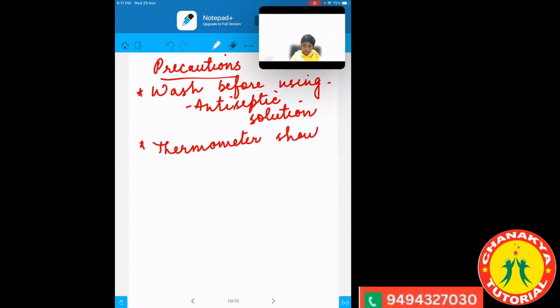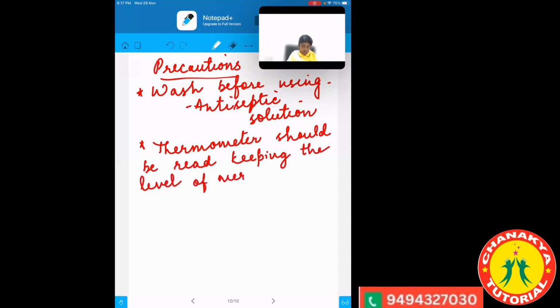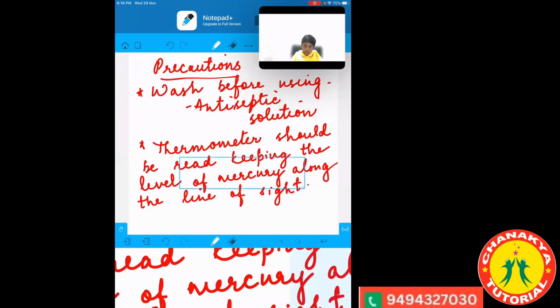So the thermometer should be kept with the level of mercury along the line of sight. So wherever we are seeing, we should always make sure the mercury is present in a proper way, in a correct form, so that the correct reading can be taken.